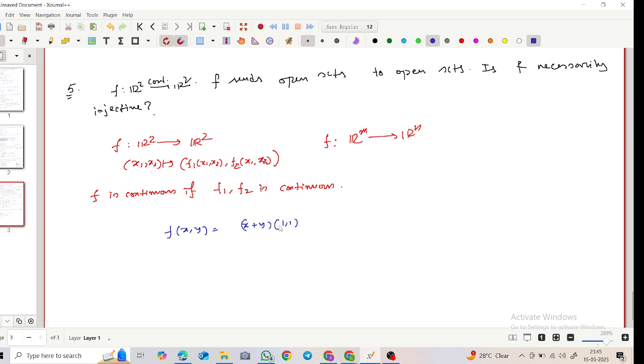That's right. হ্যাঁ, yeah, then again, এটা ইনজেক্টিভ তো হচ্ছে না, কারণ f(6,1) = f(4,3). কিন্তু এটা কি ওপেন সেটকে ওপেন সেটে ম্যাপ করাচ্ছে, এটা আমি ঠিক বুঝতে পারছি না। আমার মনে হচ্ছে তো করেই দেবে, স্ট্রেট লাইন টাইপের জিনিস আছে.